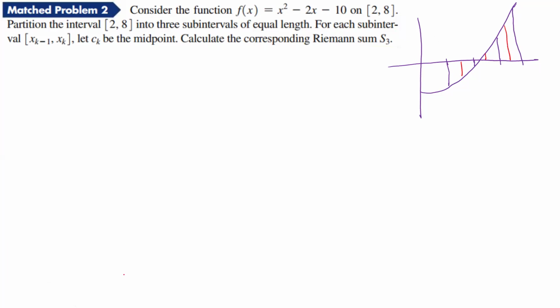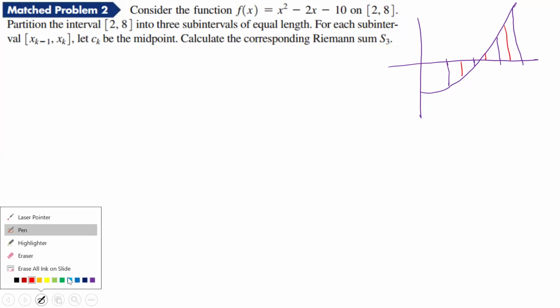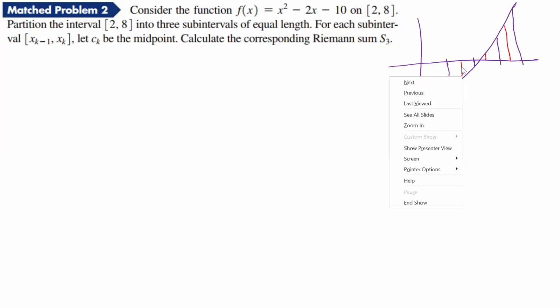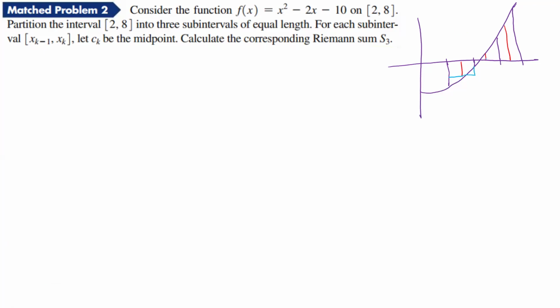So now, let's see, what else do we need to do? Now we need to figure out what the points are. So now maybe we should change a color to draw our places. So our midpoint is here, so we can go left here, right here. Here we can go down and go to that. And then here it looks like we're going to go up into that one.